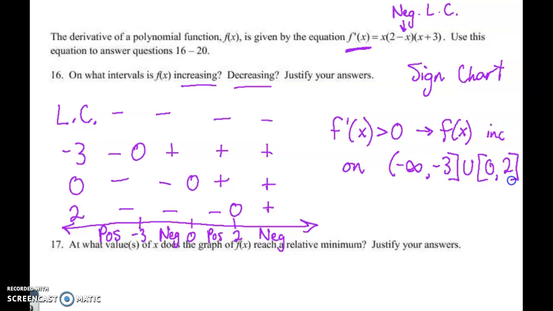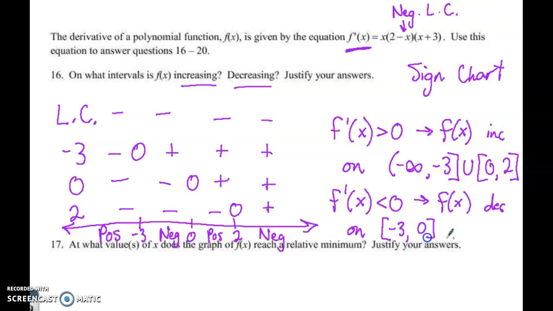Now again, if you're asked to write the open interval, you would put it with parentheses. And then you can flip that for where it's decreasing. And this sign chart is a justification. It means f of x is decreasing on the interval from negative 3 to 0, and then from 2 to infinity.